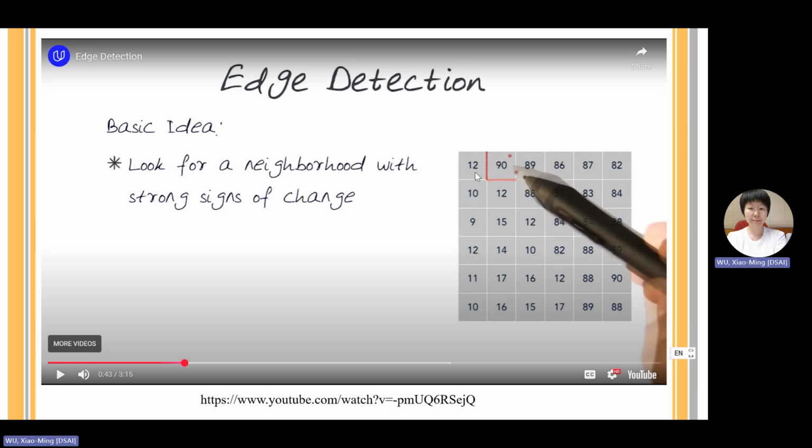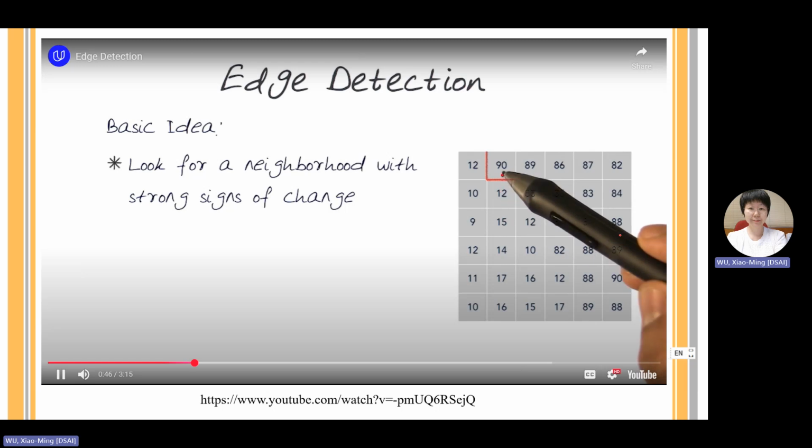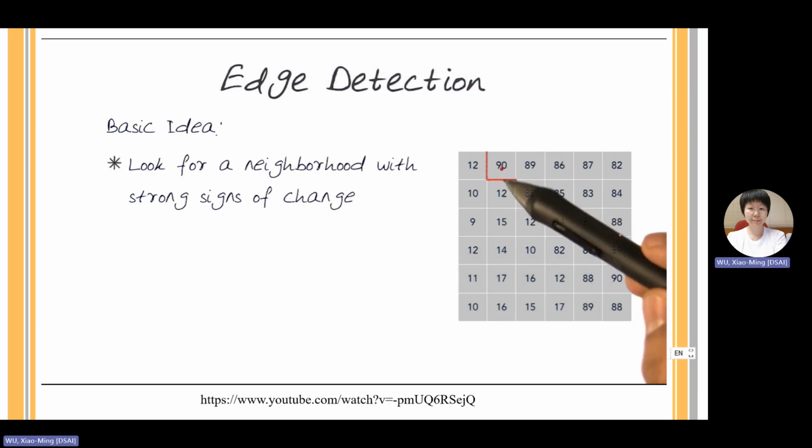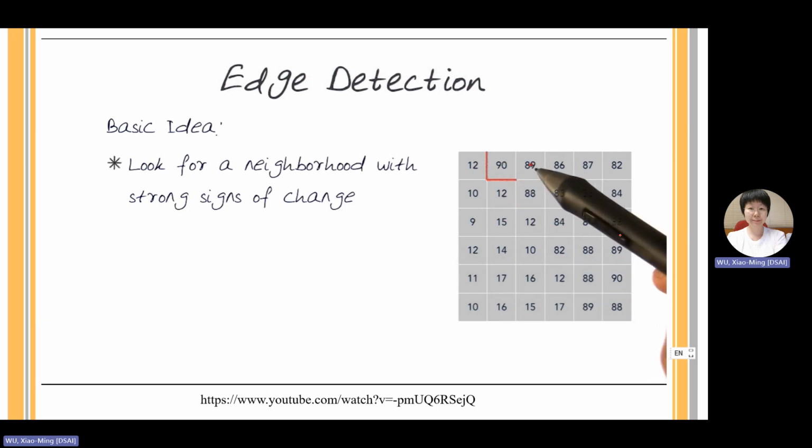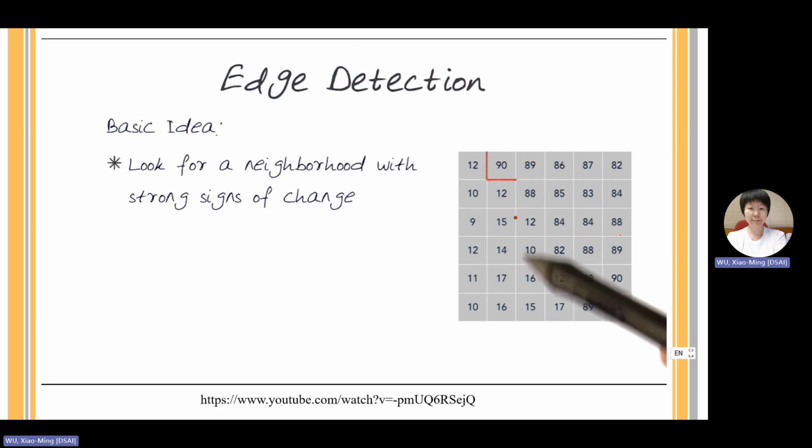But from 12 to 10, the change is not so significant, so this may not represent a significant edge. The same when I look at this and compare it with this: there's a significant discontinuity between these two. However, not much between 90 and 89.